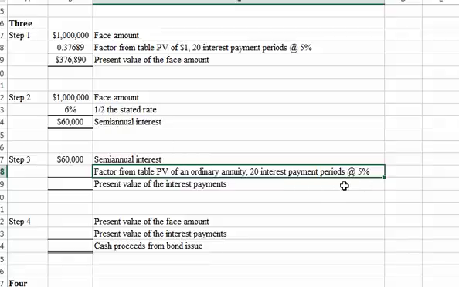So our market or effective rate here on number 3 is 10% for a year, so every 6 months it would be 5%. So we'll go to our table, present value of an ordinary annuity. Again, that one's on page P-4. We'll come down to 20 periods and across to 5%. 12.46221.